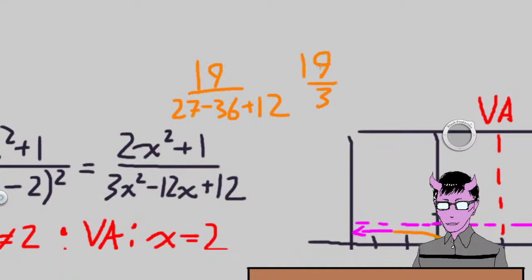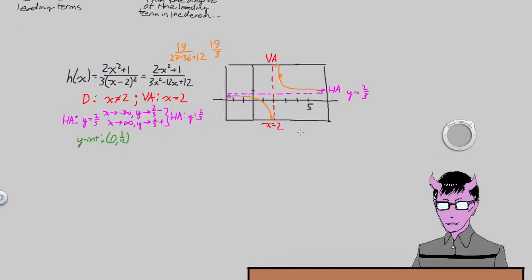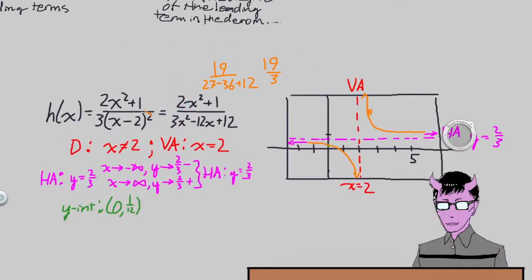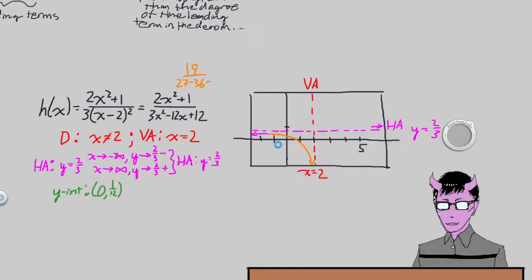So 19 over 3 is 6-ish. So 6-ish. It's like this. That seems kind of wrong, though. I would have predicted something else because of this number right here, right? So maybe we don't trust this one, right? Let's see. I don't trust this. There's something wrong with it.